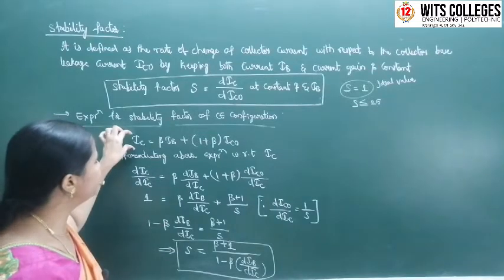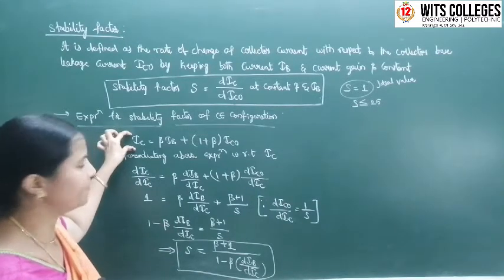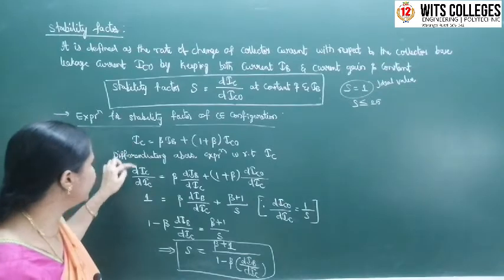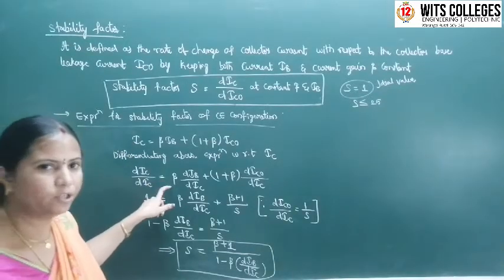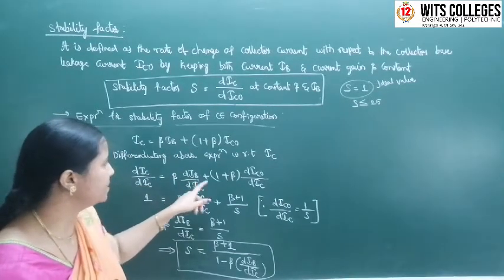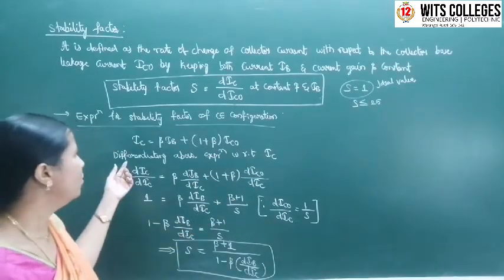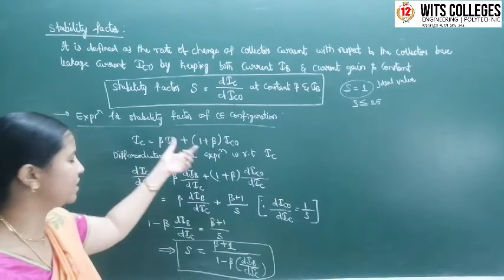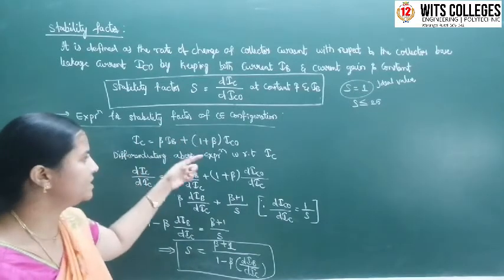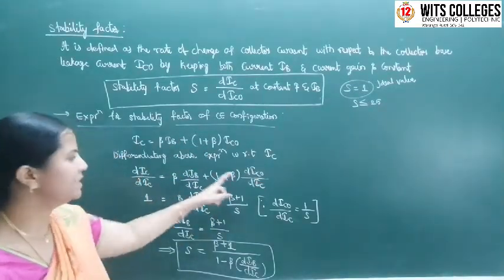By differentiating this equation with respect to IC, you will get dIC by dIC equal to beta into dIB by dIC plus (1 plus beta) into dICO by dIC. So we differentiate the above equation on both sides, left hand side and right hand side, with respect to IC, and you will get this equation.